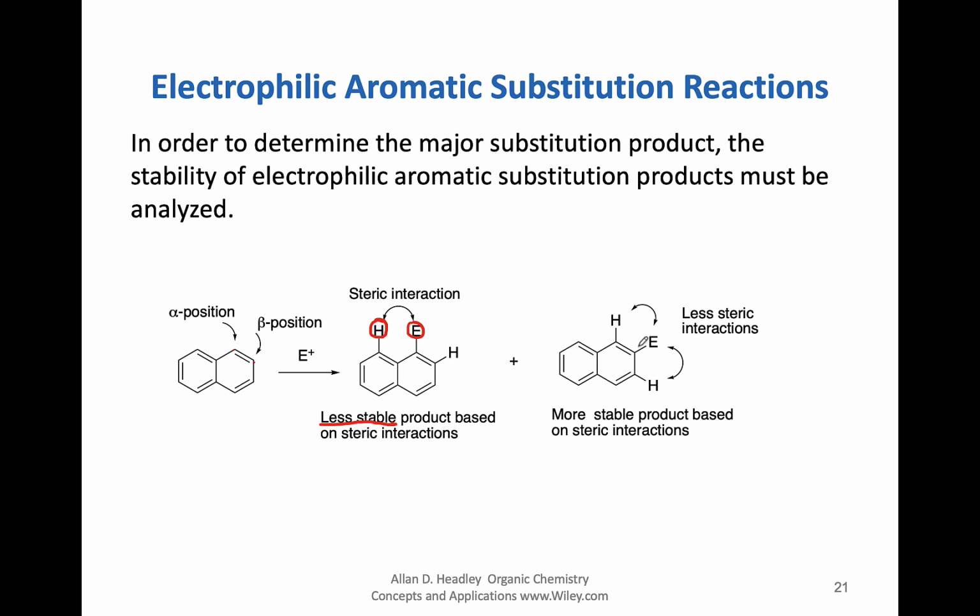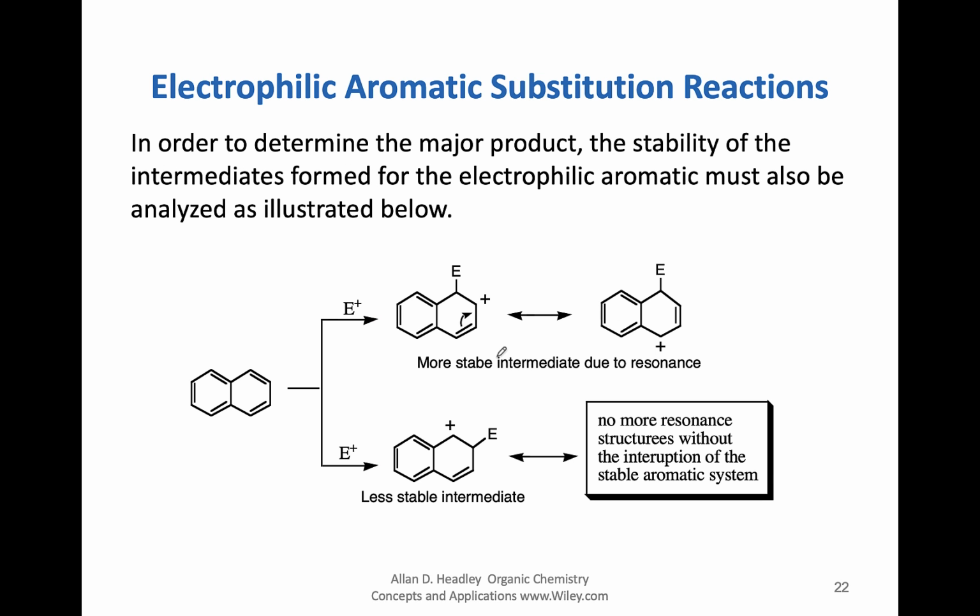Over here, however, there is an E that is now further from this hydrogen and further from this hydrogen, so there's less steric hindrance. So this product here is more stable than this product. So if you're analyzing the stability of the product, you'd expect this to be the more stable product and hence the major product. But there's another aspect we need to analyze.